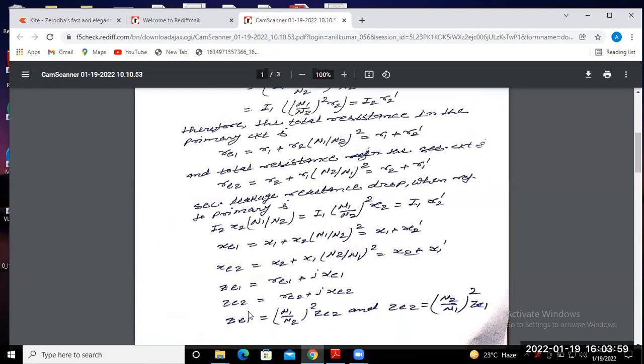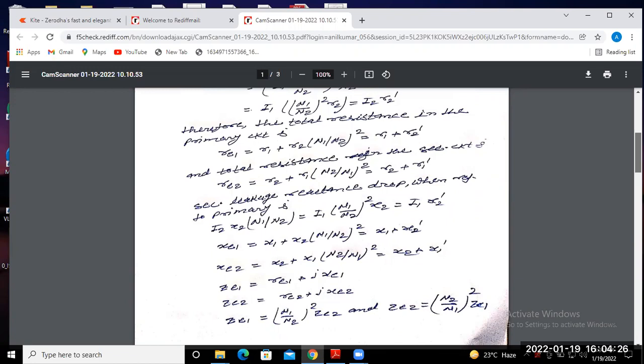And similarly the leakage impedance referred to the secondary side is represented by Re2 plus jXe2. That means the total equivalent resistance in the secondary side plus the total equivalent leakage reactance in the secondary side. Okay, so this is the representation of the leakage impedance of the primary side and secondary side.